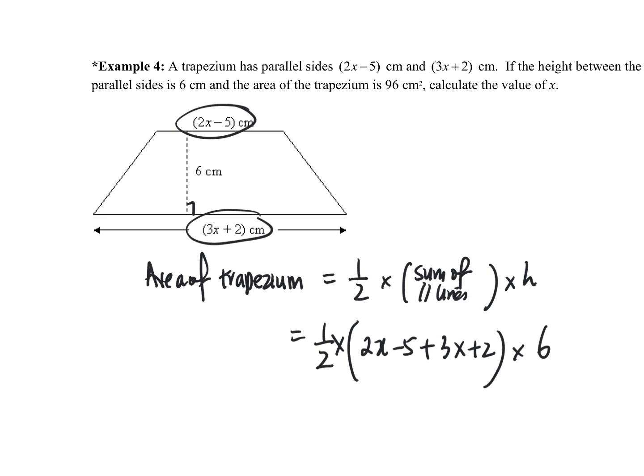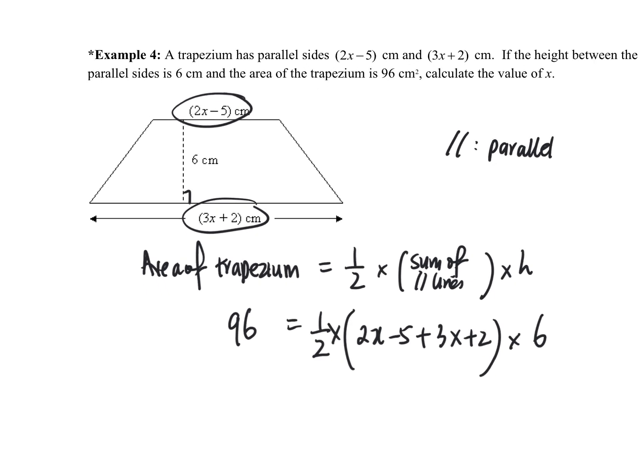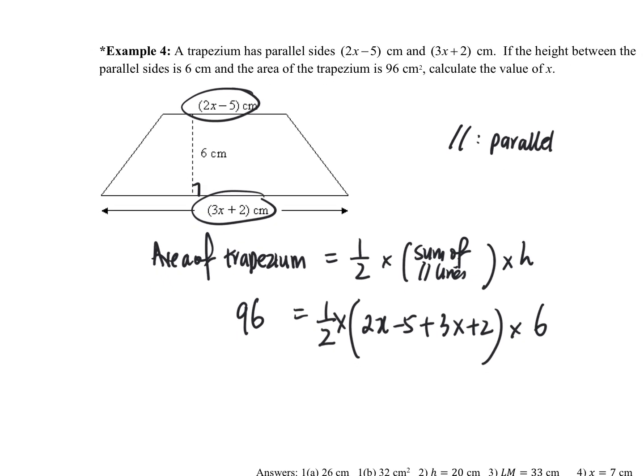Then the height is 6, and it equals 96. This one is parallel. Okay, listen again. Don't expand. Deal with them separately.